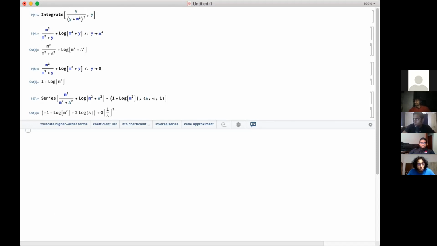So for our purposes, what's going to happen here is that the result of this integral, just this integral, not the x integral, let me separate that, equals 1 plus log lambda squared over m squared.